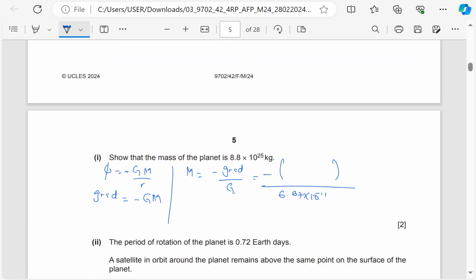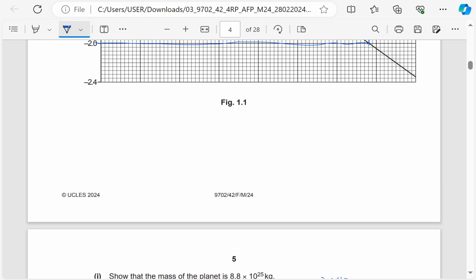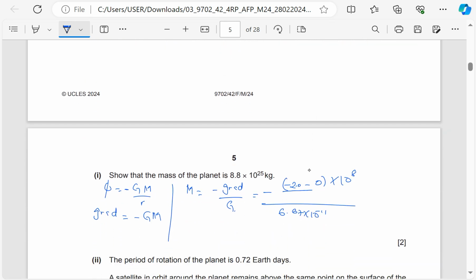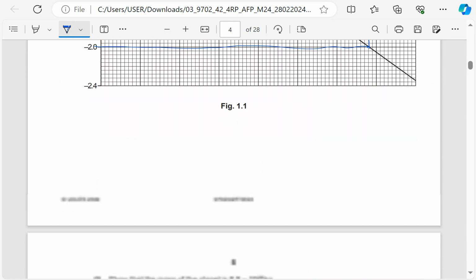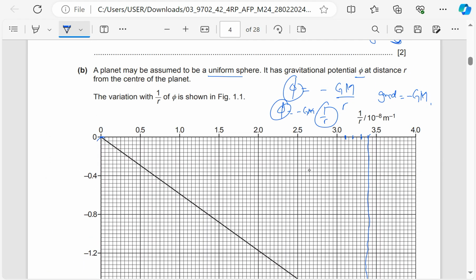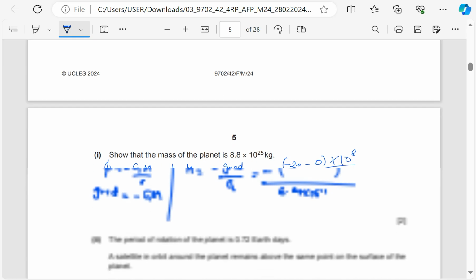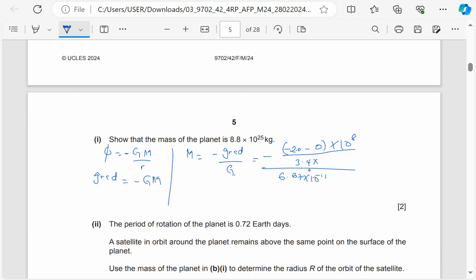So this is going to be equal to the negative of 2.0, of course, minus 0, times 10 to the power of 8, since I'm finding the gradient, divided by the change on the x-axis, which is 3.4 times 10 to the power of minus 8, of course, minus 0.